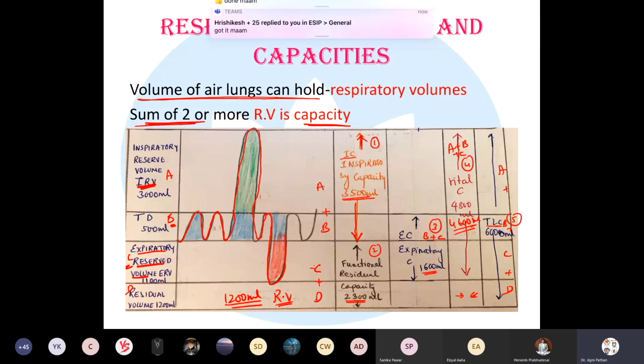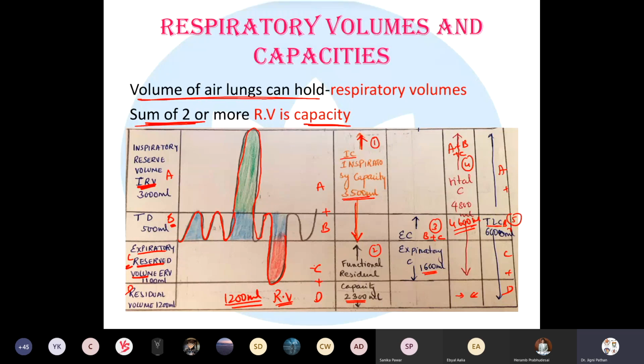It's just because first time you're listening to this, it might take time, but it's very easy. And Sakshi has got it. Okay, good.